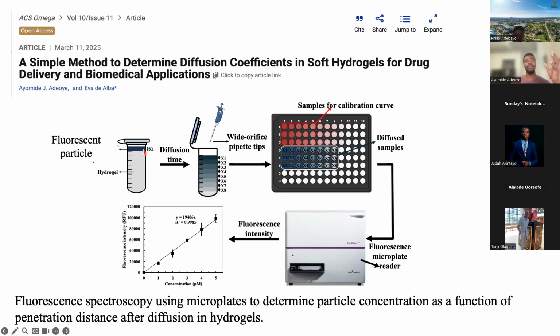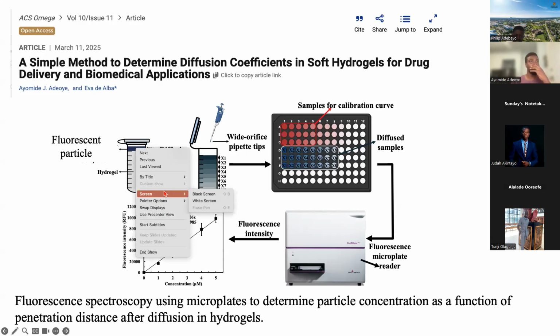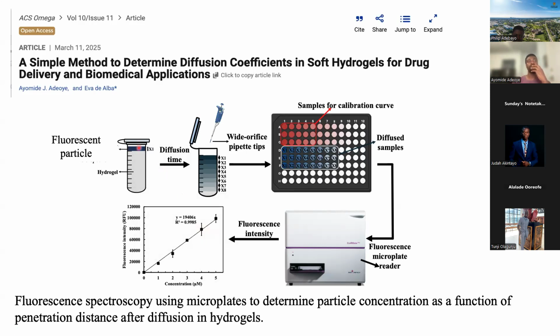This dye is made of different sizes. So I allow this dye to diffuse. I leave it for probably hours or days. I allow it to diffuse through this hydrogel. And after it has diffused, I use a pipette to extract each layer of these hydrogels into this plate.